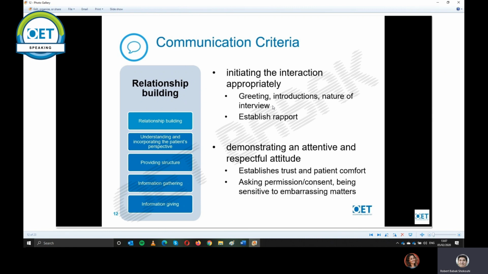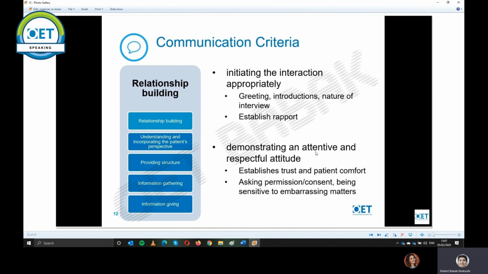Demonstrating an attentive and respectful attitude. Attentive? What is attentive? Sorry, I don't know. It means paying attention. And respectful. Establishes trust and patience, puts patient at comfort.